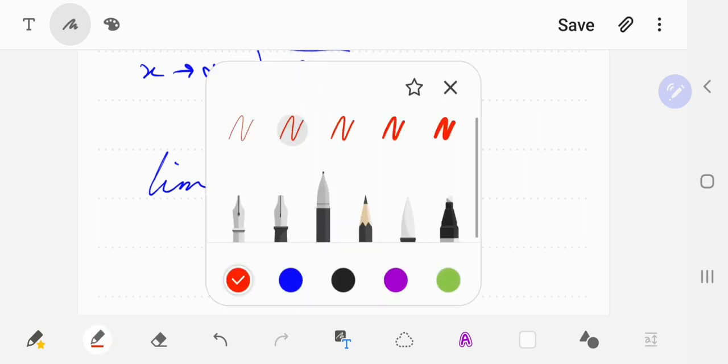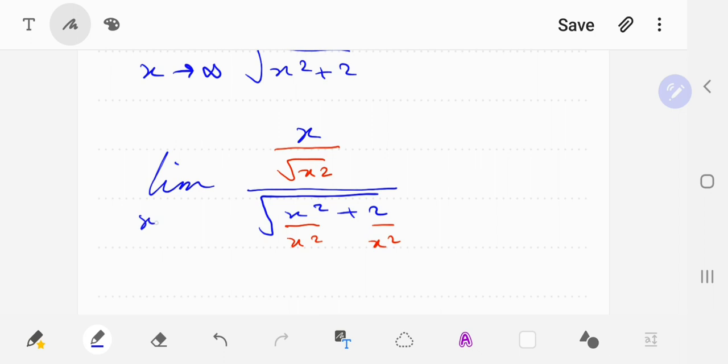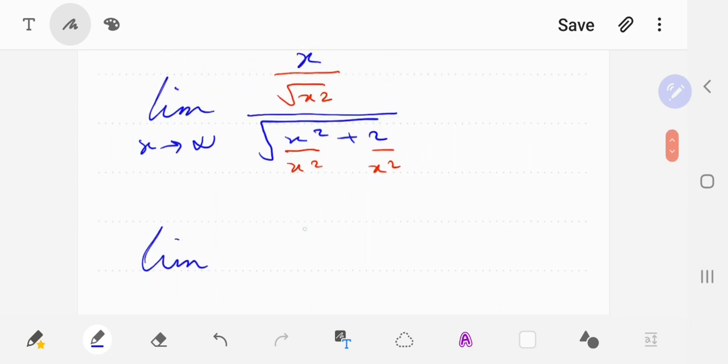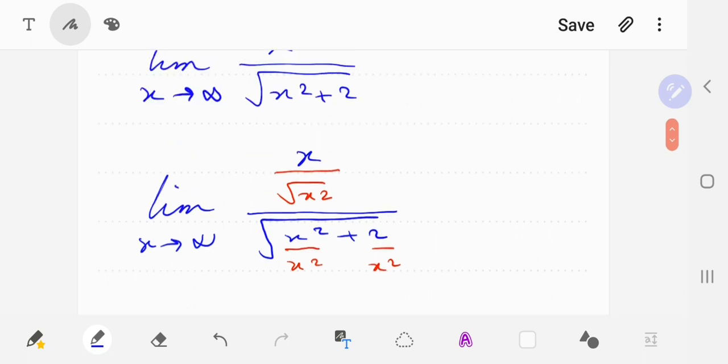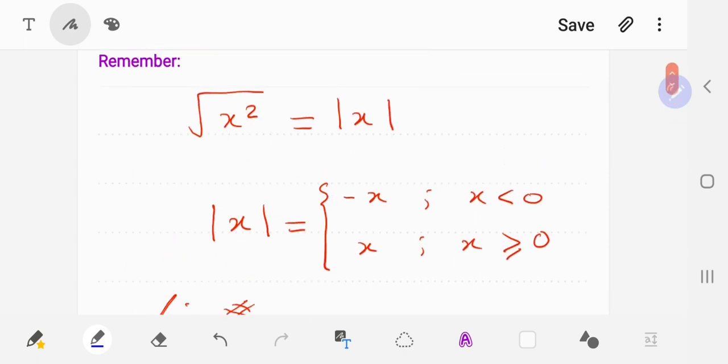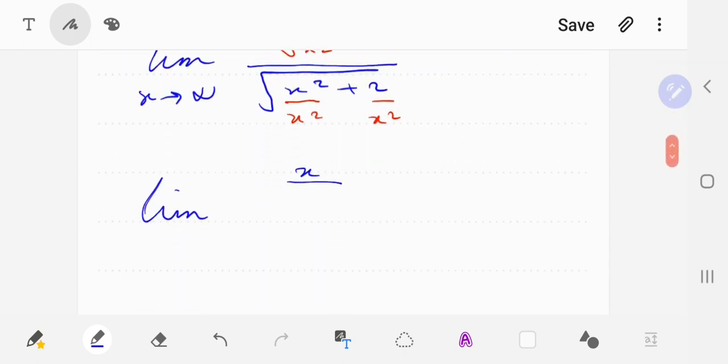And of course, the limit as x approaches infinity, the first case. So this will be equal to the limit of x over square root of x squared, and as I said, square root of x squared is equal to absolute value of x, not x only.